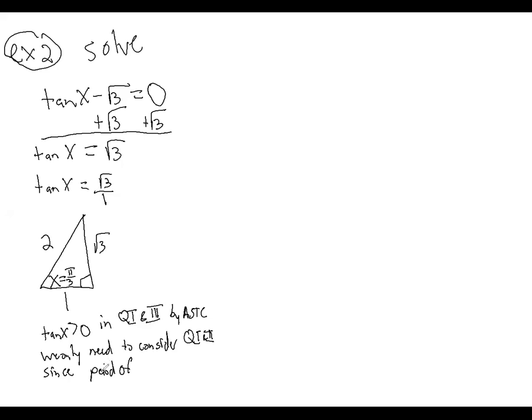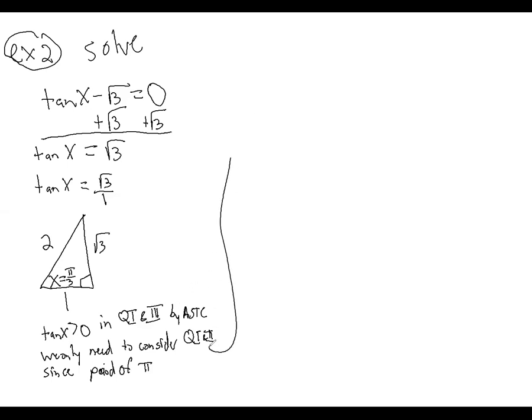Period of pi. So we don't have to even put this in quadrant 3, because when we add the n pi, that's going to actually put it in quadrant 3. And then when we add n pi again, it puts it in quadrant 1 and then back to quadrant 3, and they'll keep bouncing back and forth. All right, so the period is pi.